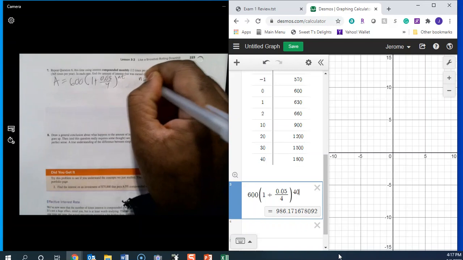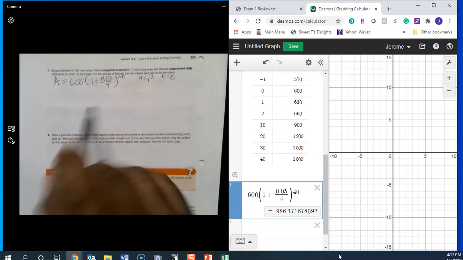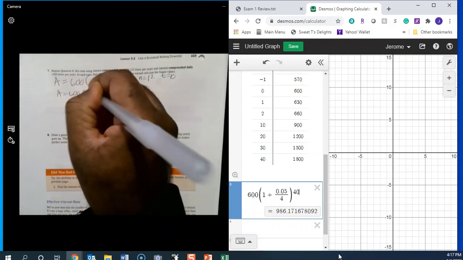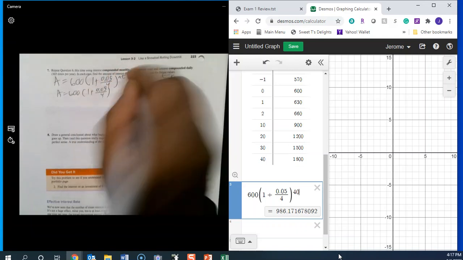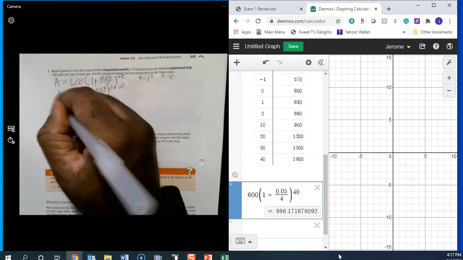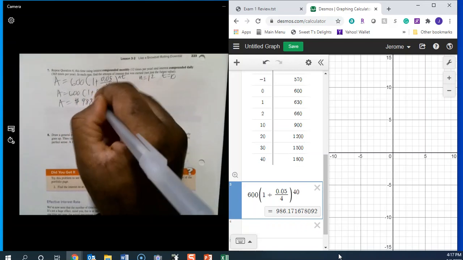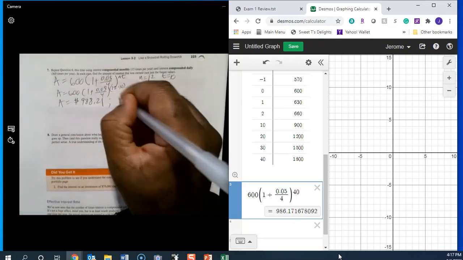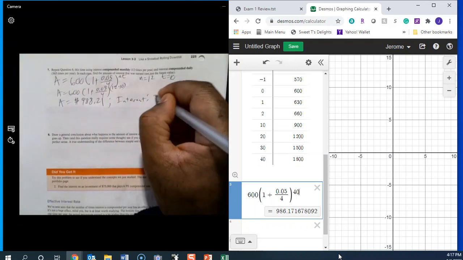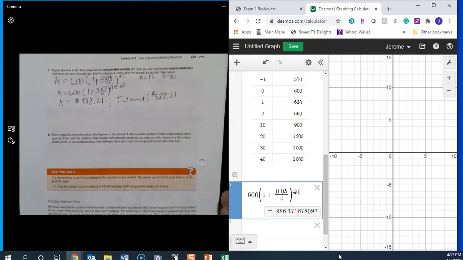Now in this case, n would be 12 and t would be 10 because this one is compounded monthly and then it's still 10 years. So we'll do a little substitution. So it'll be 12 times 10. So when you put this in your calculator, it will give you $988.21. So the interest, because remember, we started off with $600, would be $388.21. That would be the interest.